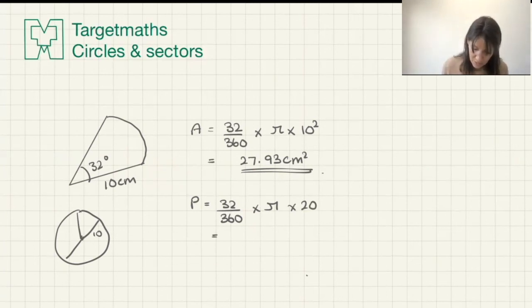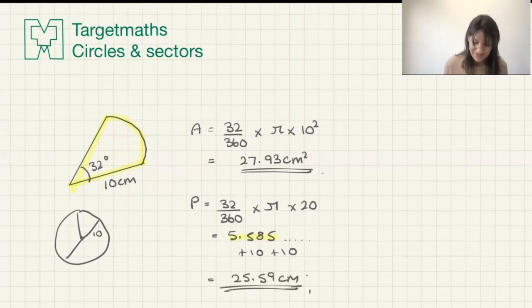So that equals 5.585, and on it goes. But remember, that is just that part. I need to add in the two tens. So plus 20, and I have got a final answer of 25.59 centimeters. Okay, all right, so well done.